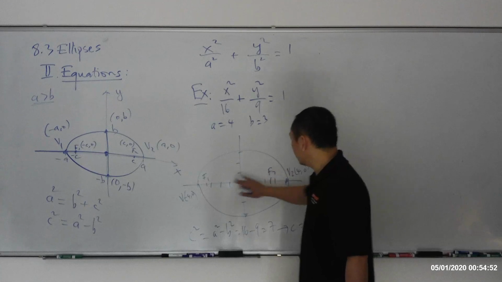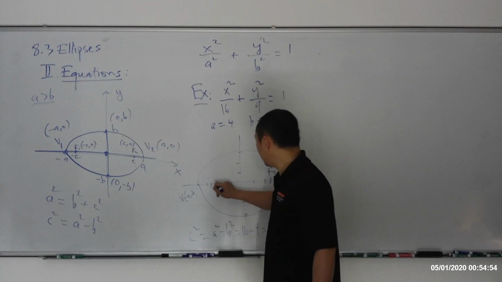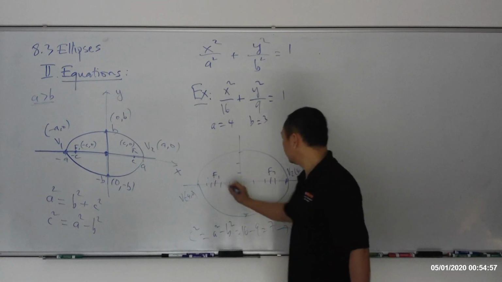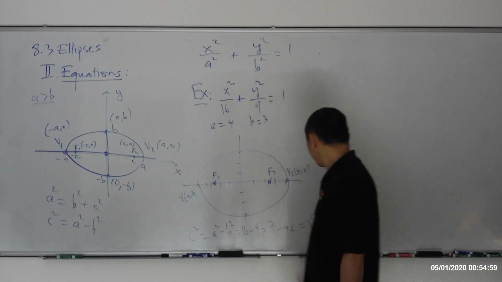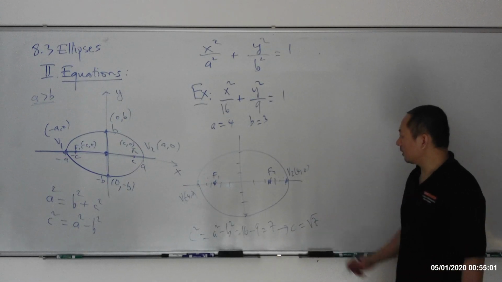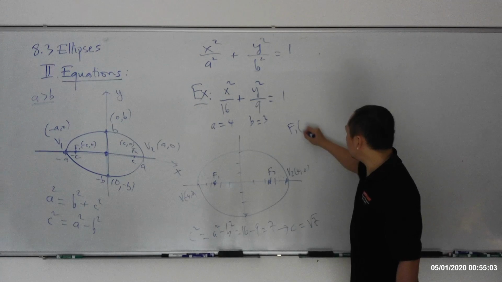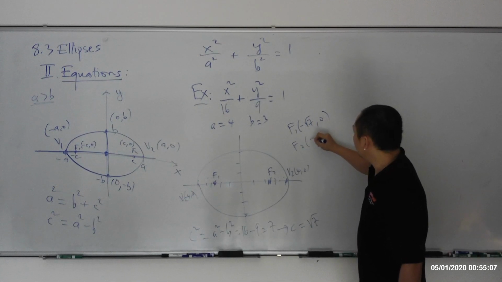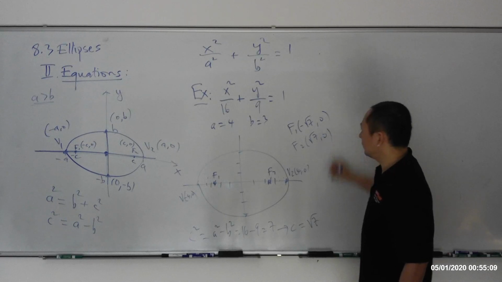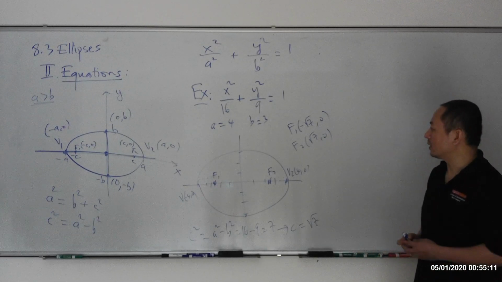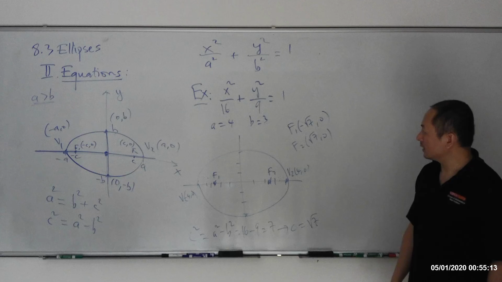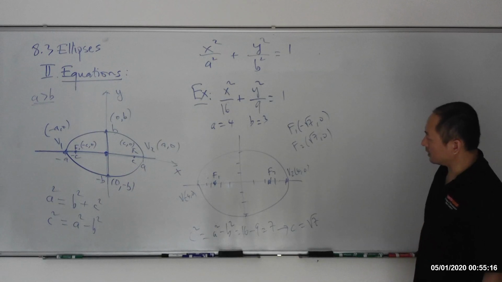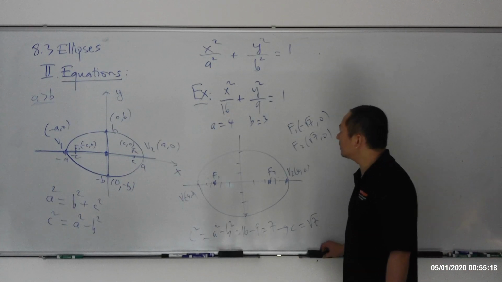F2 is somewhere right here, F1 is somewhere right here. So F1 is at negative square root of 7 comma 0, and F2 is at square root of 7 comma 0. This is our first example about the horizontal ellipse.